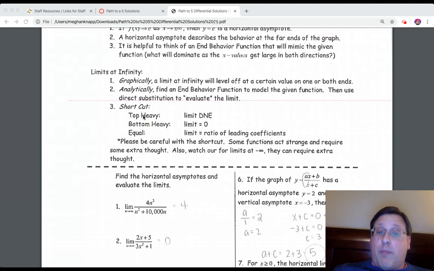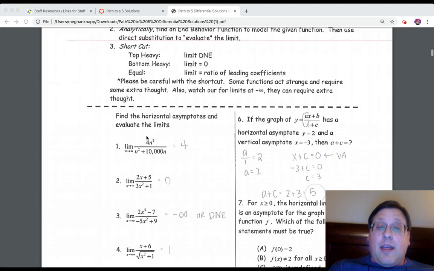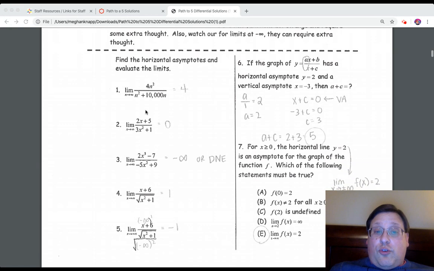Do you have more powers on top, more powers on bottom, or are the powers the same? You do kind of see here, powers are the same, so 4 over 1 is 4. Higher power in the denominator makes the limit go to 0. Higher power on top made the function get very, very large, but negative because of this guy.